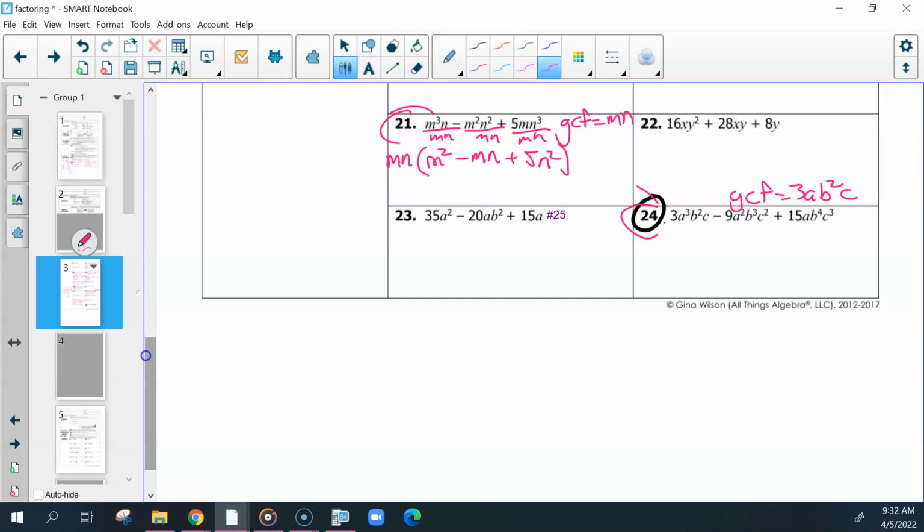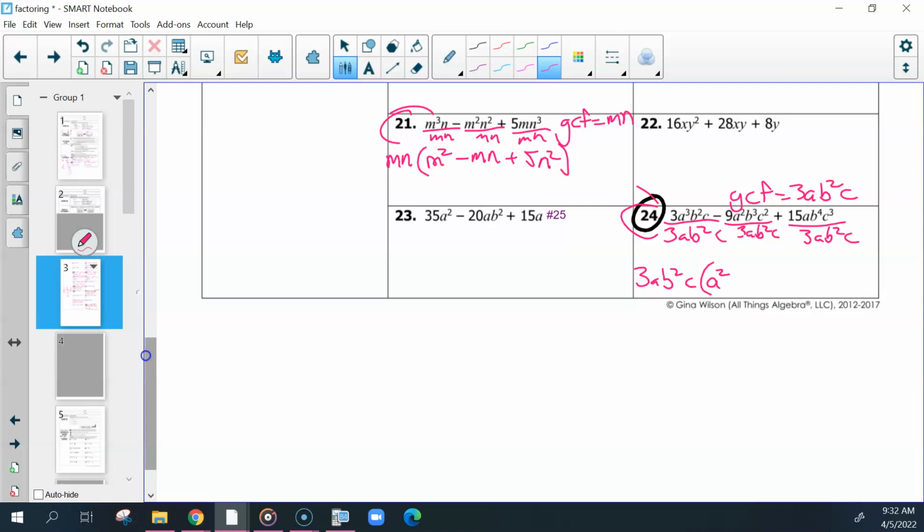And I'm going to rewrite this so that I'm dividing each one. What's happening? Three A to the third B squared C divided by 3A squared C is 3 what? 3A B squared C. A squared minus 3A B C. No, you minus.